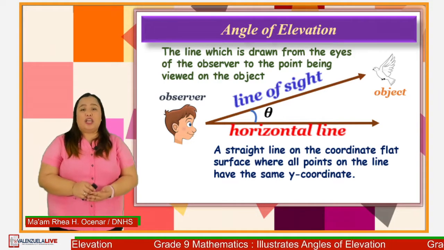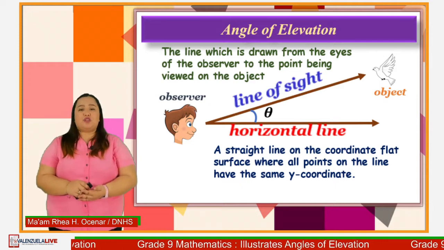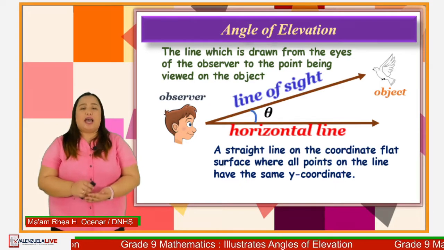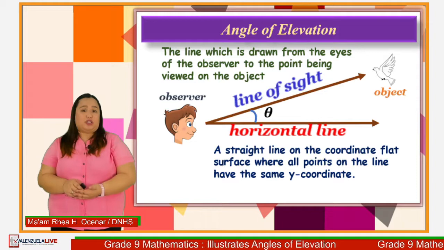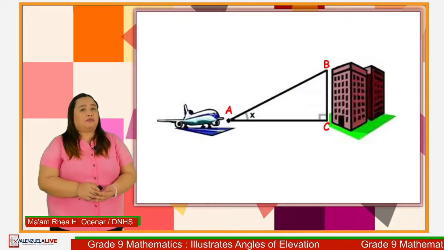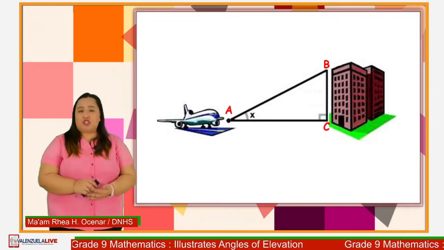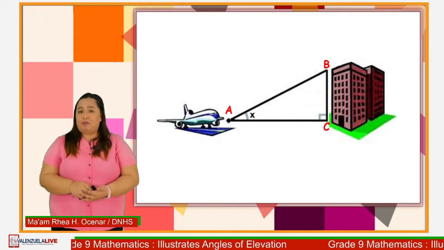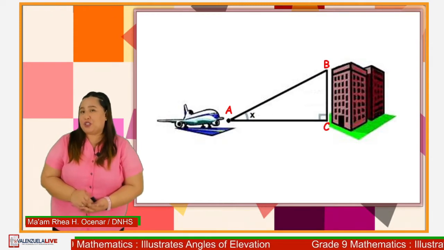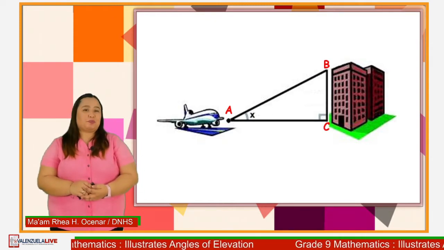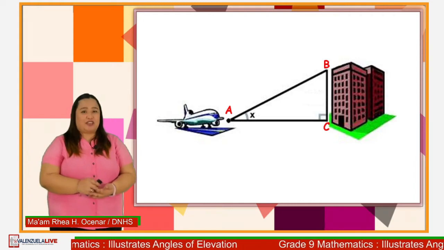Let us try to identify the following pictures if it is shown an angle of elevation. First picture. Is it an example of angle of elevation? Yes, it is. Very good.